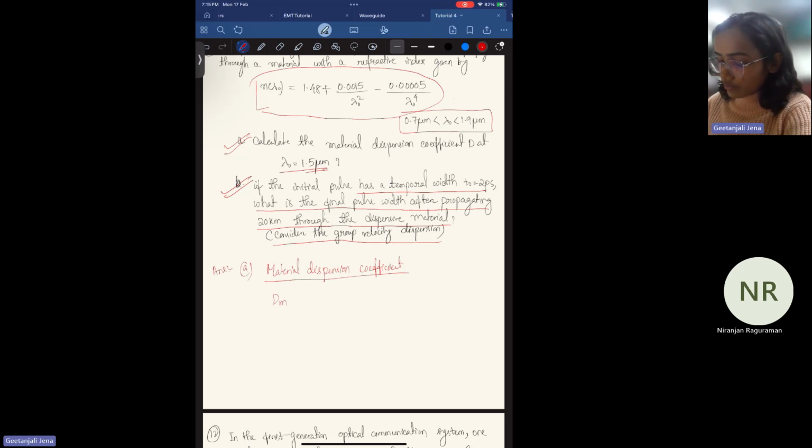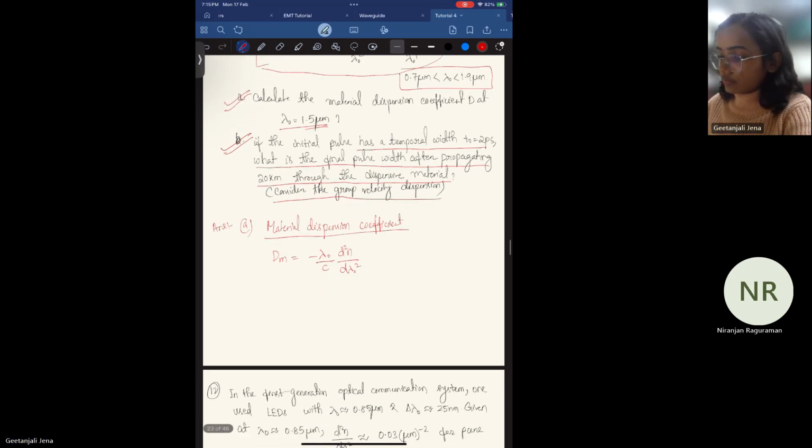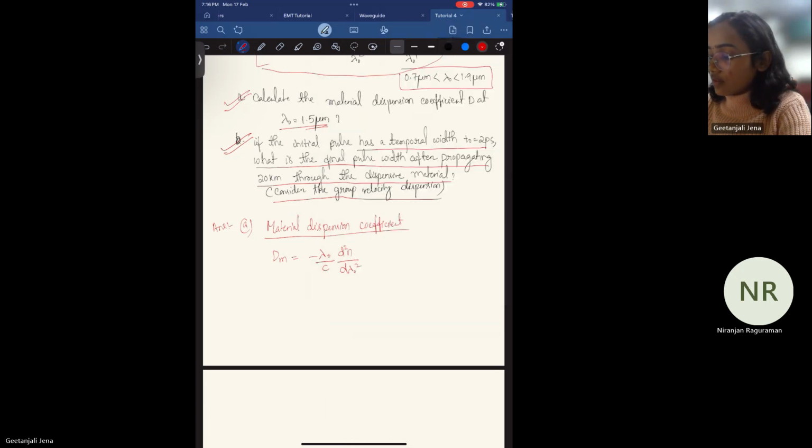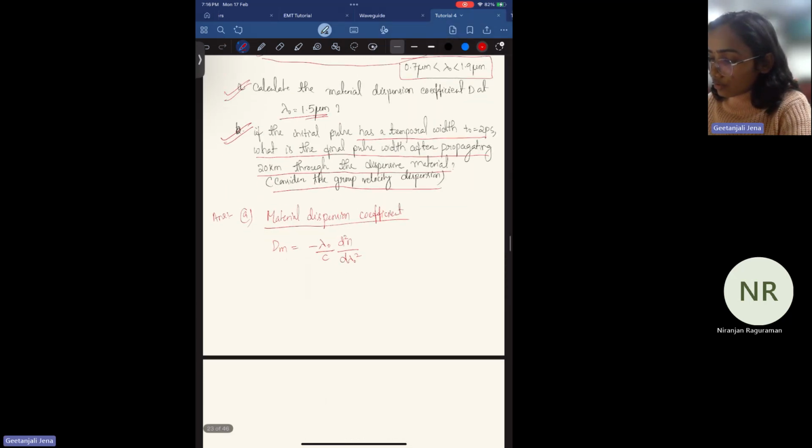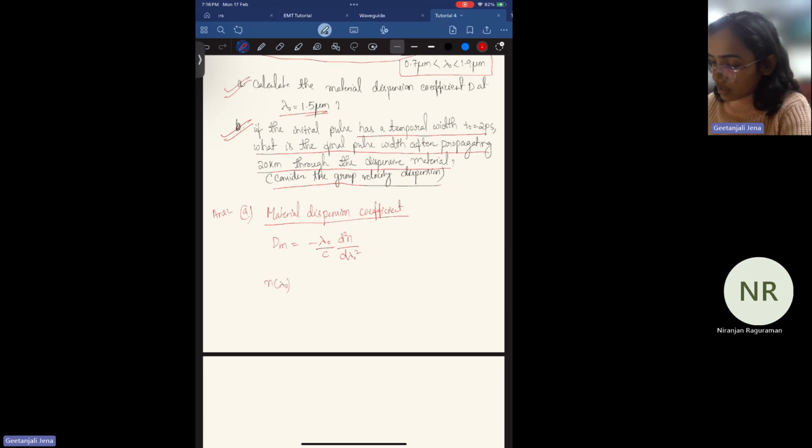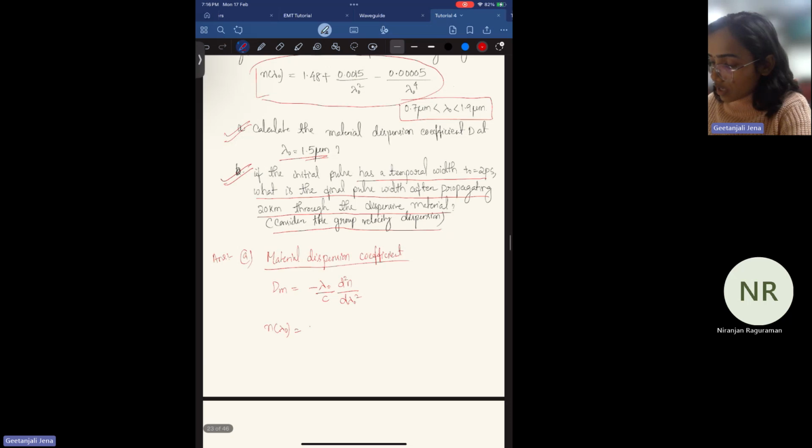We have Dm equals lambda 0 by c times d square n over d lambda 0 square. n of lambda 0 is given as 1.48 plus 0.0015 over lambda 0 square minus 0.0015 plus 0.00005 lambda 0 square.